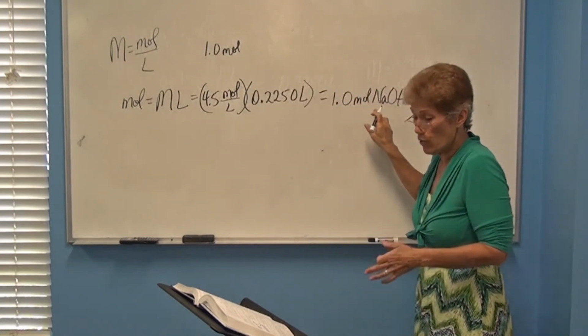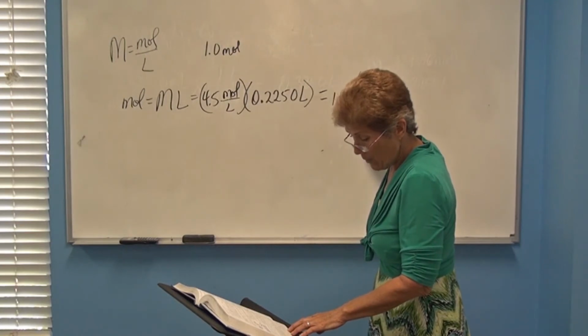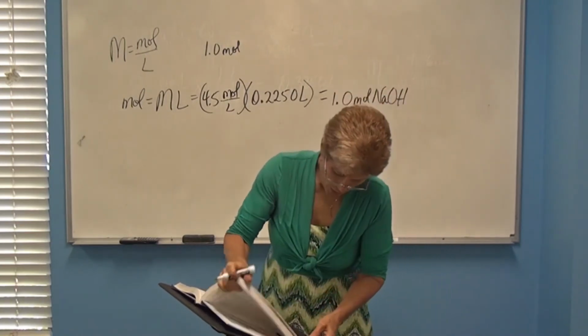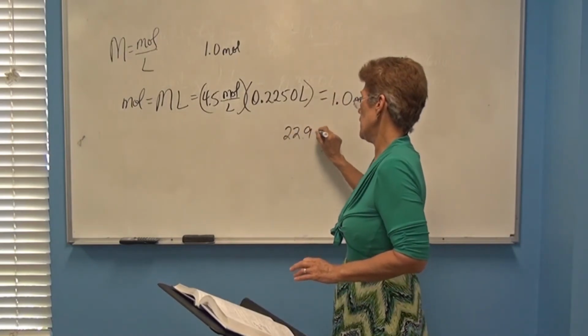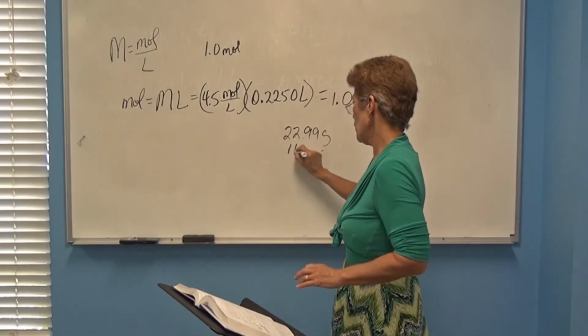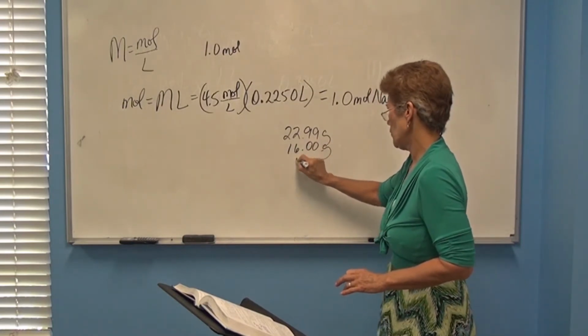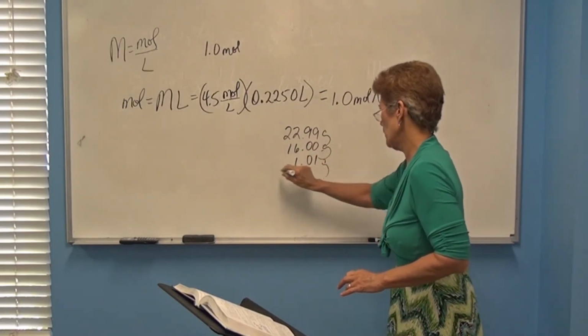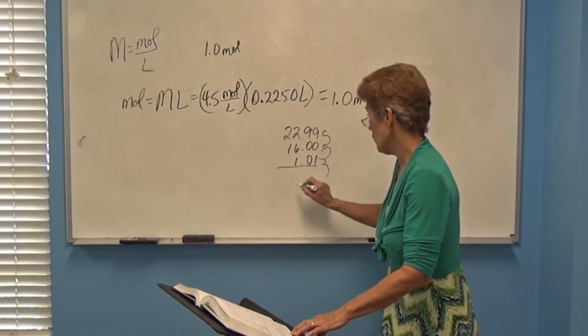So you just add up the mass of sodium, which is 22.99 grams, oxygen, which is 16.00 grams, and hydrogen, which is 1.01 grams. And so that's going to give you, believe it or not, 40 grams.